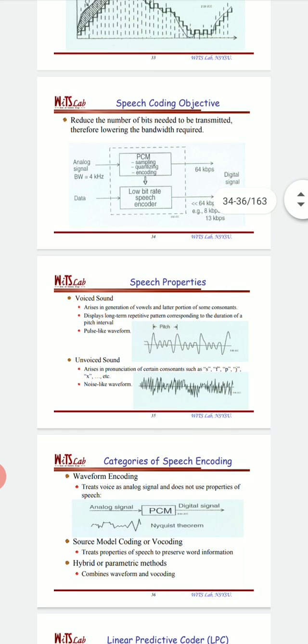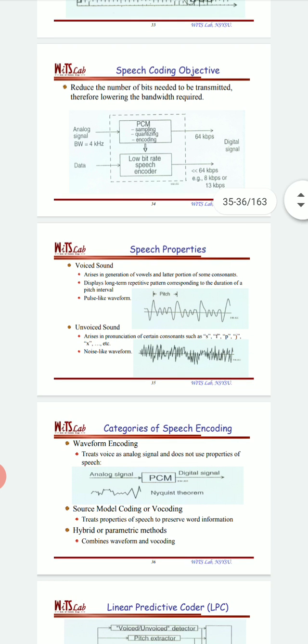Looking at the block diagram, when we do pulse code modulation, we do sampling, quantizing, and encoding, which gives the encoded signal, that is, the digital signal. But here we want to reduce the bit rate of that digitized signal.